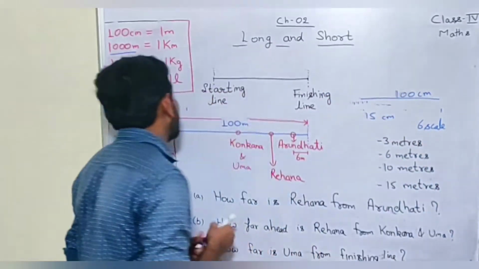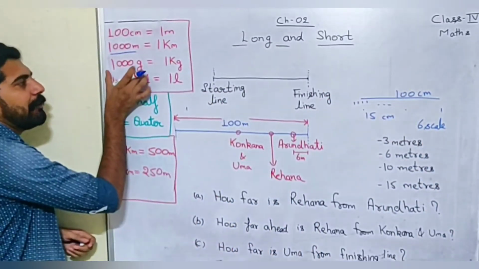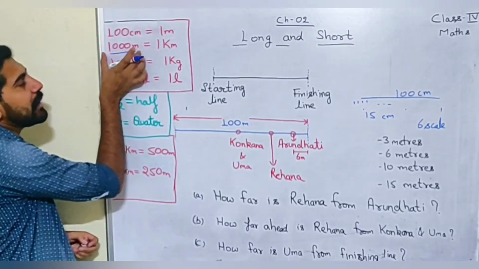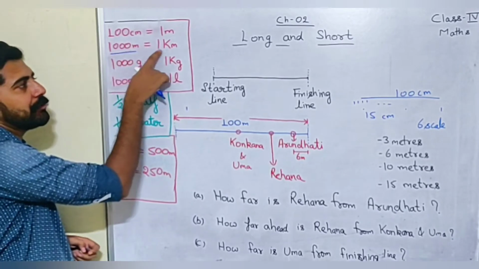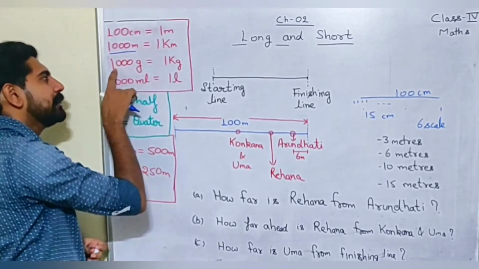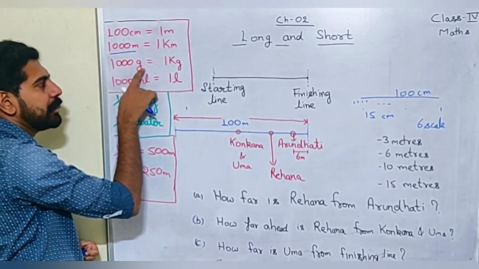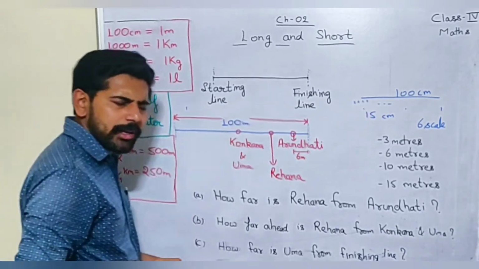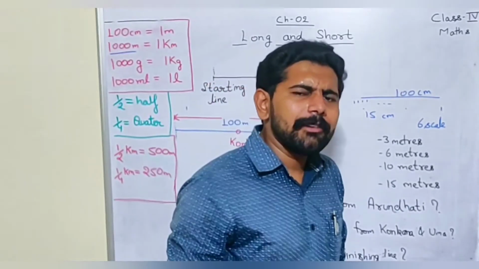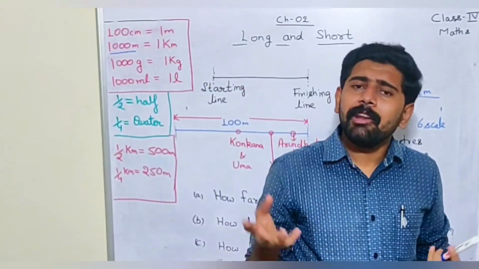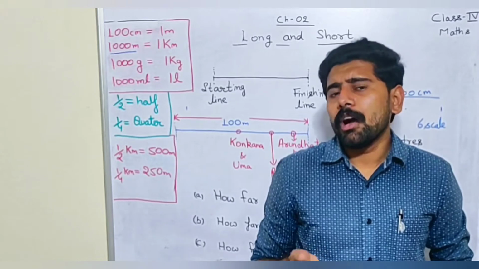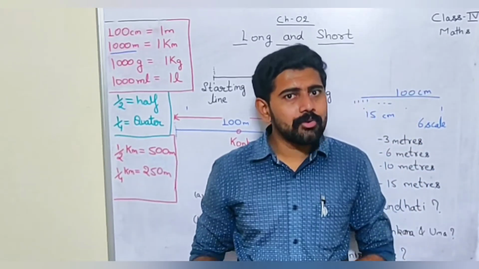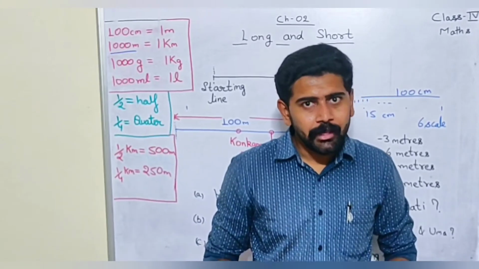Okay, that means for every 1000 grams we use 1 kilogram. Just like for every 1000 meters we use 1 kilometer. But what do we use when we purchase a water bottle, or the milkman comes to our house and gives us milk?